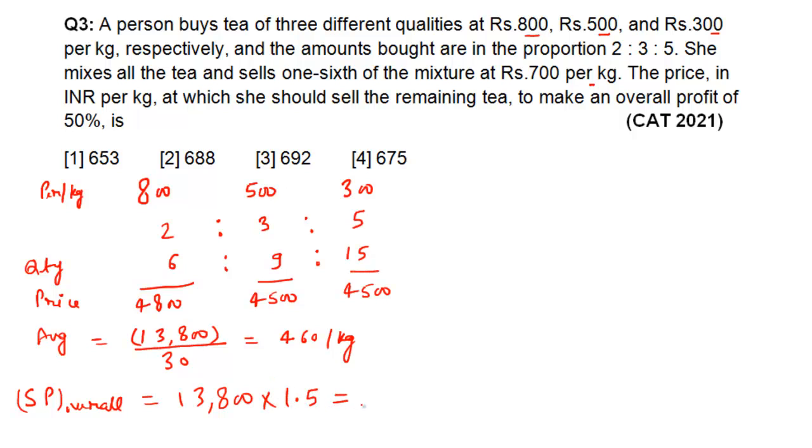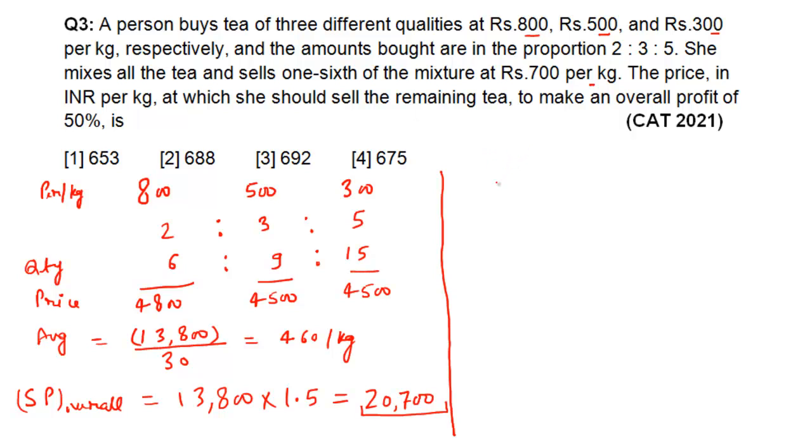That will give me 20,700. So this should be the selling price for 30 kg of tea. Now what is given in this question is that she sells 1/6 of the mixture at 700 per kg.